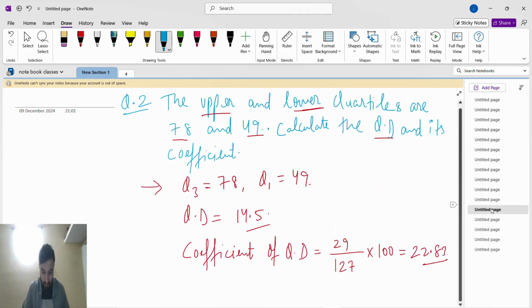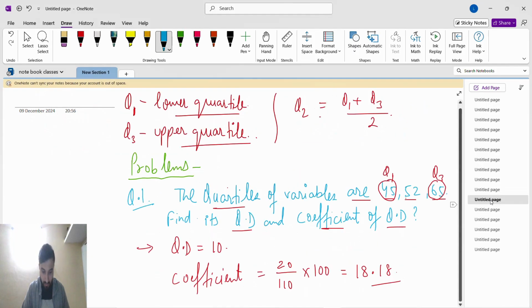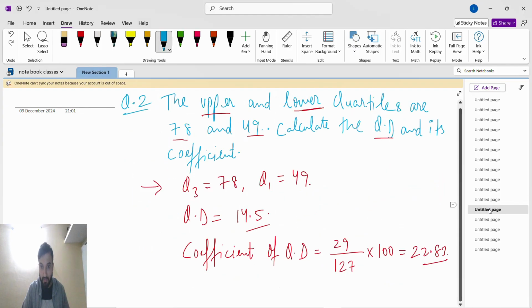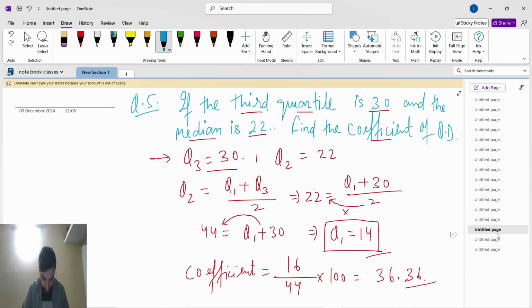That's coming correct. 14.5. Next is 23.27. This is 36.6.